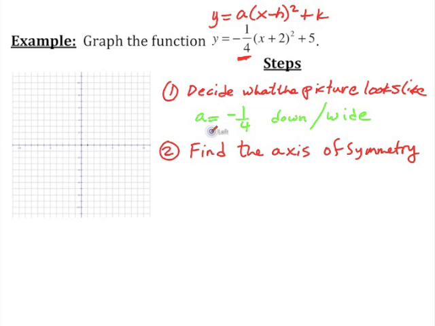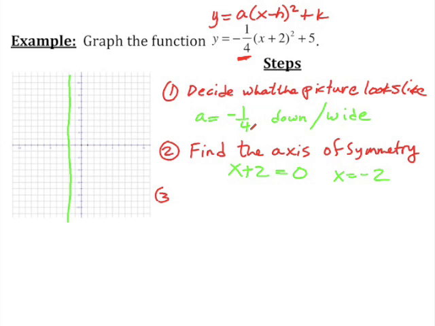So here we go with x plus 2 equals 0, since the x plus 2 is in the location of the x minus h. And the value for our x, our real 0, our real starting point, would be negative 2. And again, this is a vertical line, our axis of symmetry. Okay?